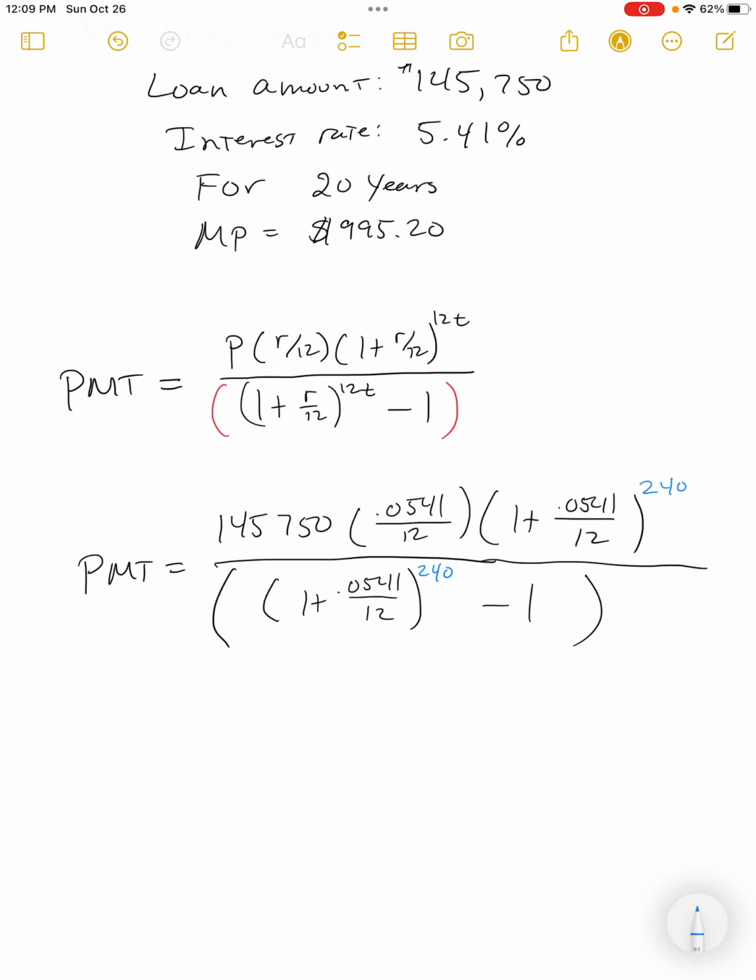145,750, open parentheses, 0.0541, divided by 12, close parentheses, open parentheses, 1 plus 0.0541, divided by 12, close parentheses, raised to the 240, and then we're going to divide by, because of the fraction bar, open parentheses for this one right here, another open parentheses for the 1 plus 0.0541 divided by 12, close the parentheses, raised to the 240, subtract 1, close the parentheses.